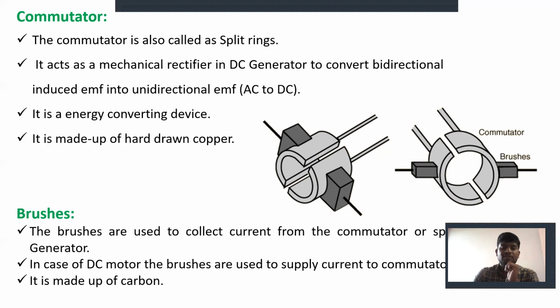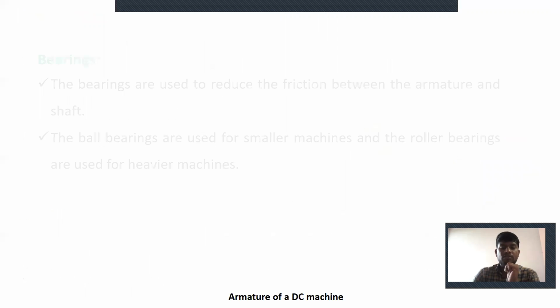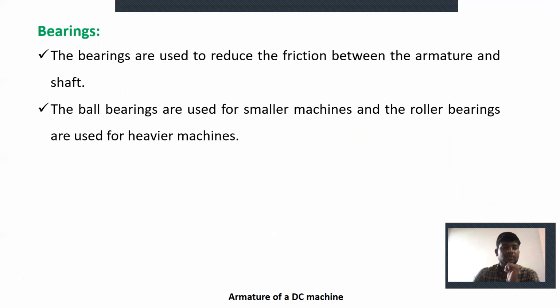And coming to the next, brushes. These brushes are arranged on the commutator. The commutator converts AC into DC, and that DC is collected from the commutator by using the brushes. These brushes are made up of carbon. This DC machine also has bearings in the last part.